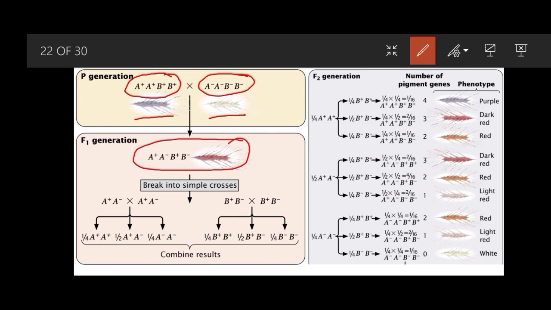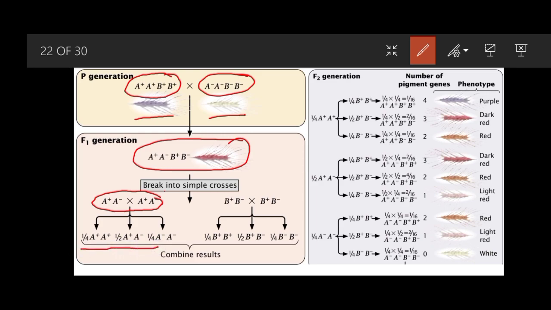So now we can break this cross, and we can consider both genes separately. When we consider both genes separately, we will get different Mendelian ratios. For example, for the A locus, when two heterozygous parents are crossed, our ratio is 1 to 1.